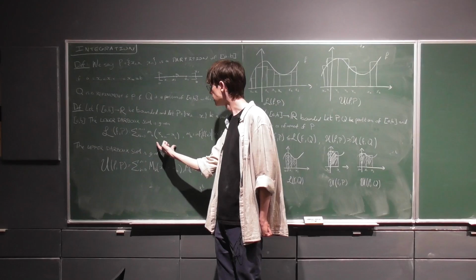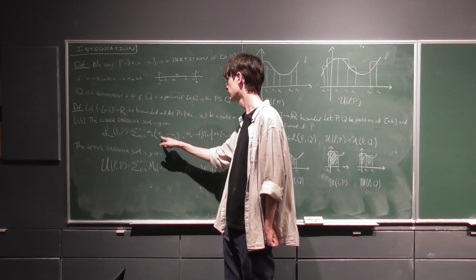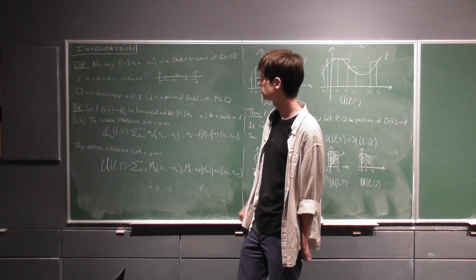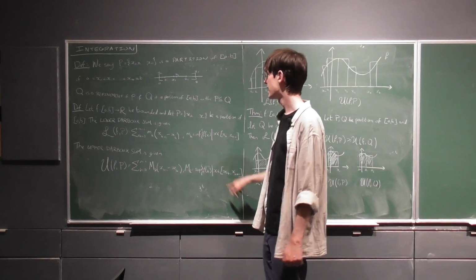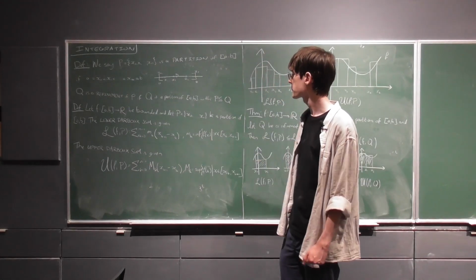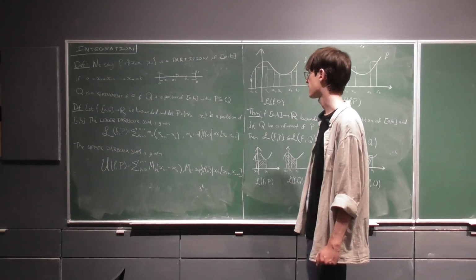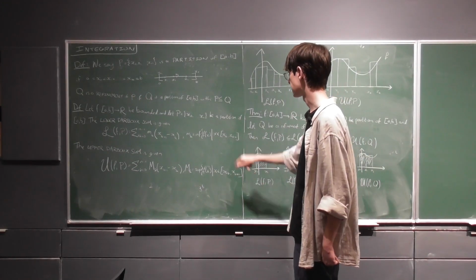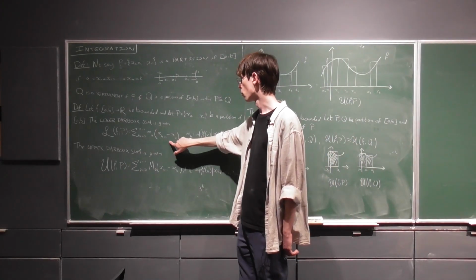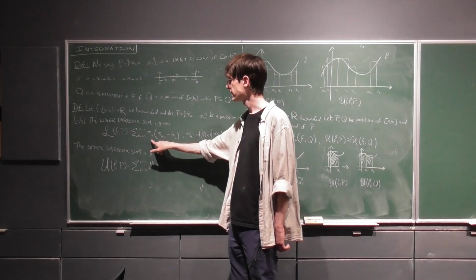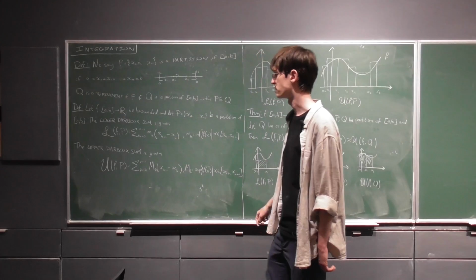It's the width between each successive element of the partition times this small m subscript k, where that is the infimum of f(x), where x is in the closed interval [xk, xk+1]. So basically this is the width of the interval, and this is the lowest height that the function achieves on that interval.